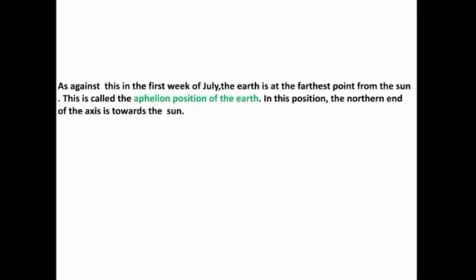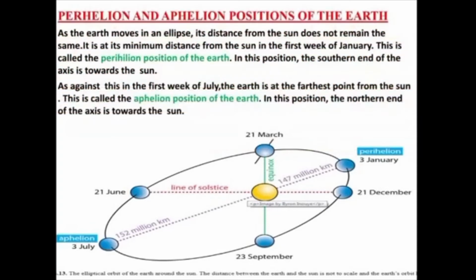Then we have seen the perihelion and aphelion positions of the earth. As the earth moves in an ellipse, its distance from the sun does not remain the same. It is at its minimum distance from the sun in the first week of January. This is called the perihelion position of the earth.